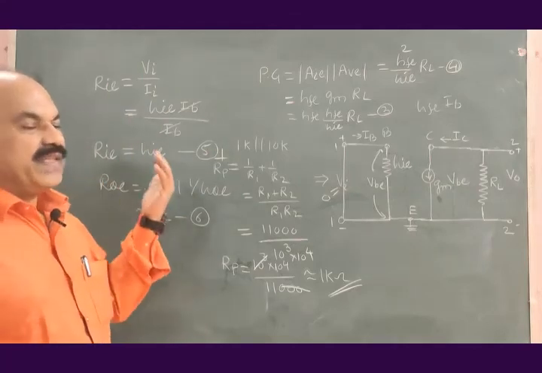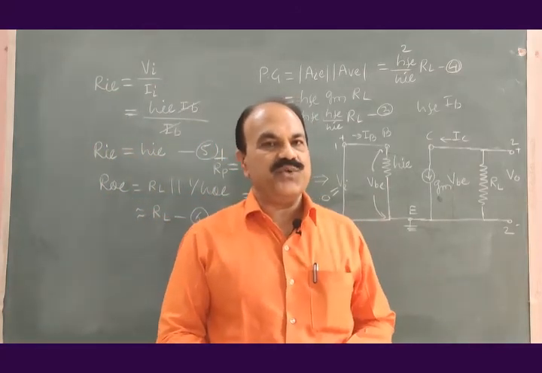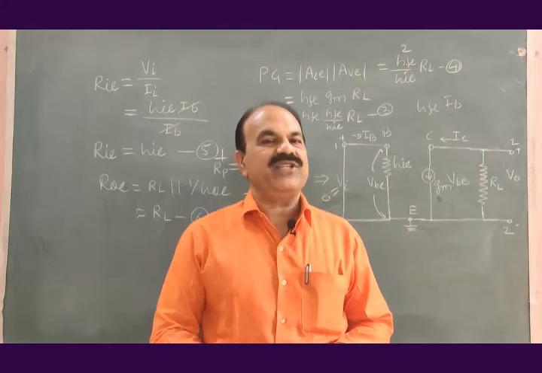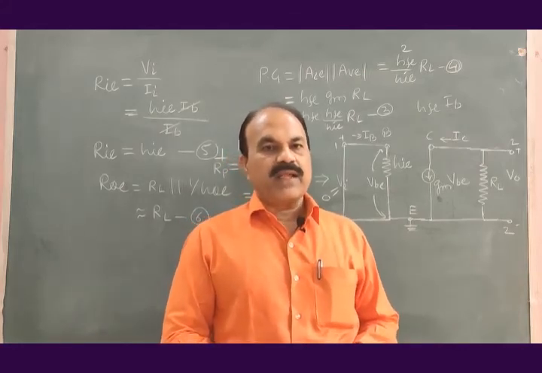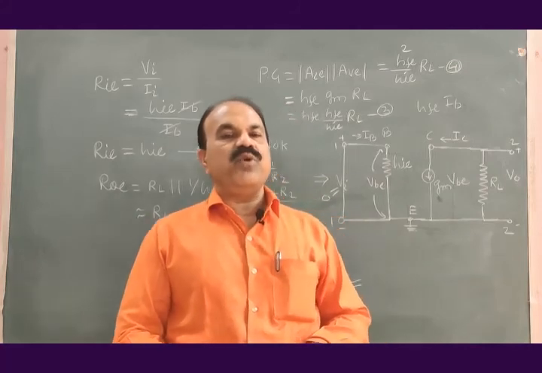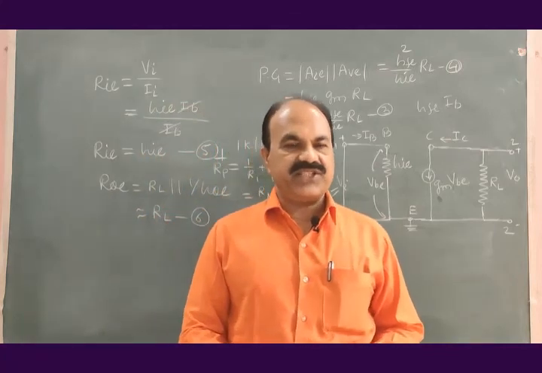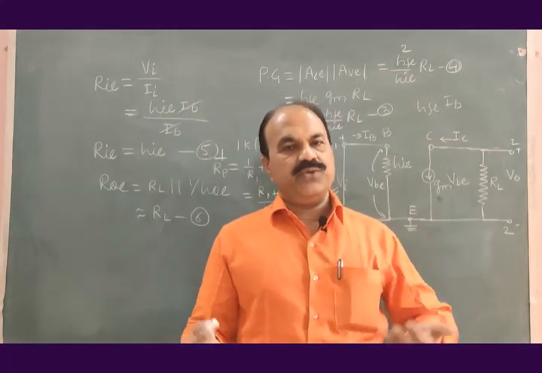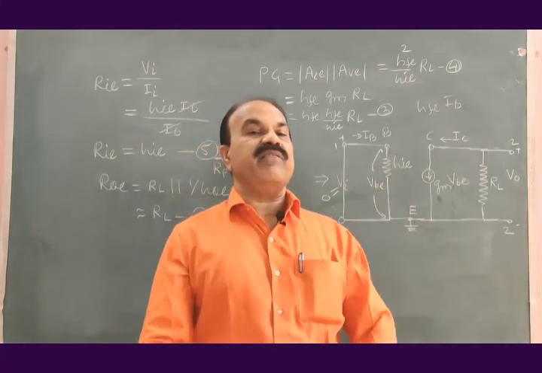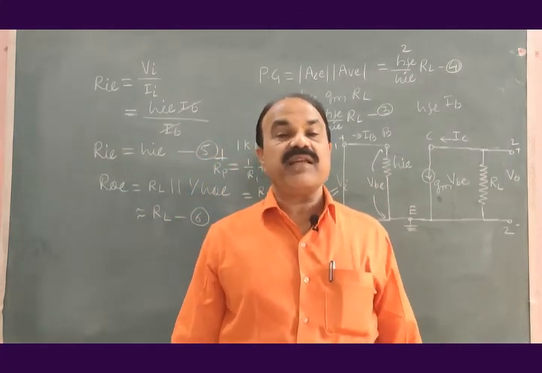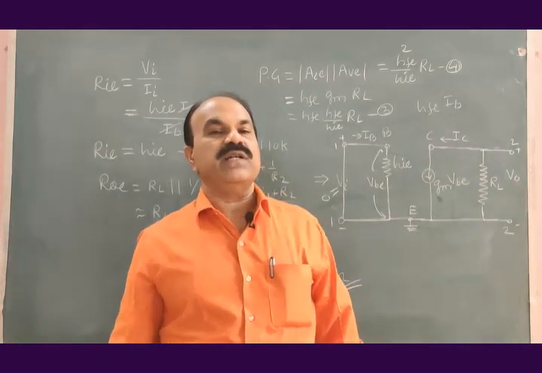This is about the analysis of the common emitter amplifier using the H parameter equivalent circuit or using H parameters. The CE amplifier is very popular among all amplifiers. The reason is it has very good current gain and voltage gain, best power gain. It has maximum power gain as compared to other amplifiers.